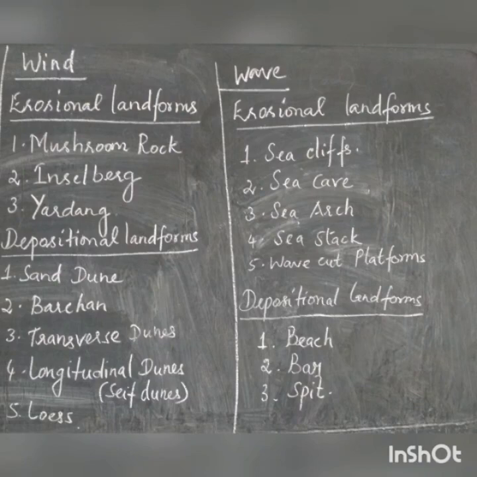So, what are the exogenetic processes we have learned from this lesson? Weathering. Due to the weathering process, we see the agents: running water, glacier, underground water, wind and waves. We already learned their erosional and depositional features.